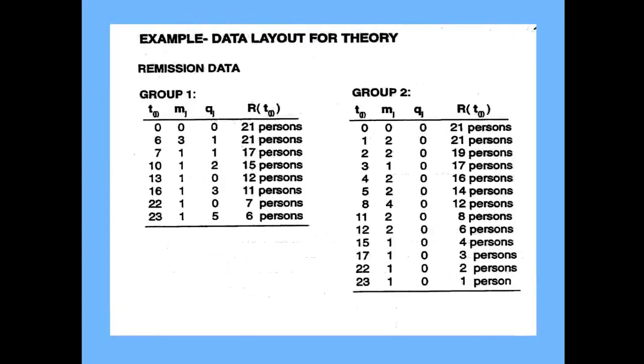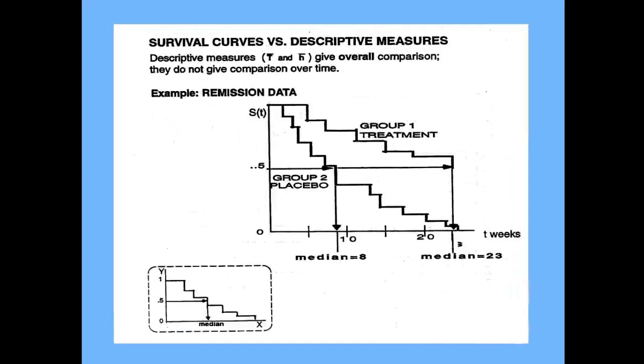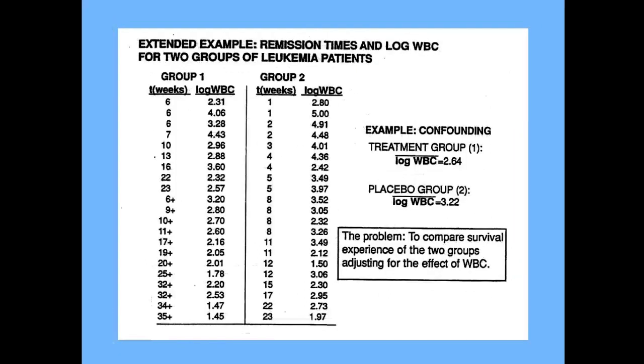So we did this, and then one of the things we did was look at an extended example where we added a variable to the data set, and the variable was log white blood cell count, because if you're talking about remission leukemia, one of the prognostic indicators of survival if you have leukemia is how big is your log white blood cell count.